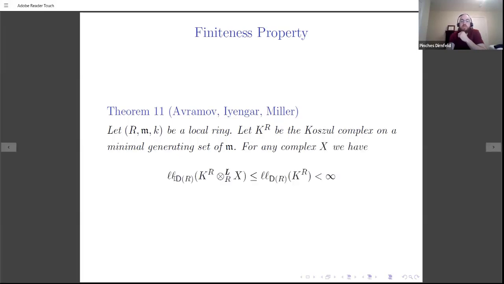Now for every complex X, the homotopical Loewy length of K tensor with X is bounded by the Loewy length of K, and that's always finite. And then there is actually an upper bound. I don't remember off the top of my head what it is, but it's sufficient for us to know that the Loewy length of the Koszul complex is finite.